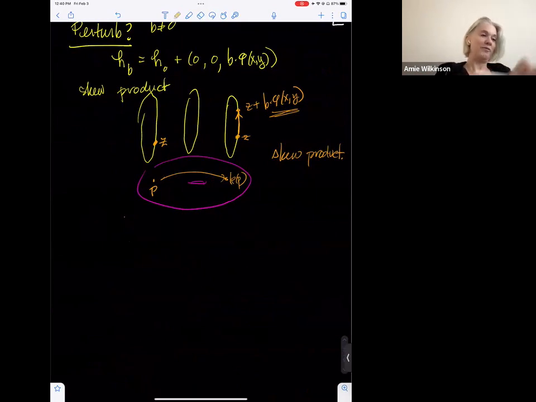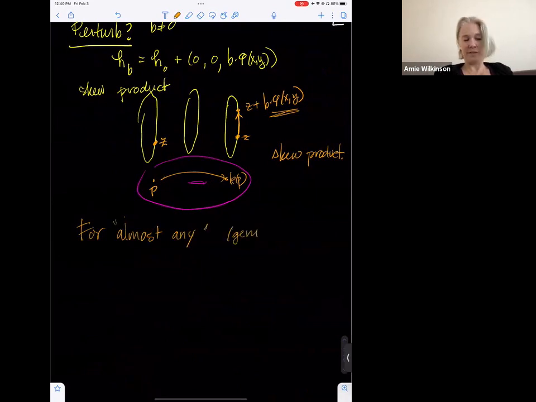for basically a typical phi, so for basically almost any phi, if you pick phi at random, generically, this map H sub B is now transitive. It has a dense orbit.